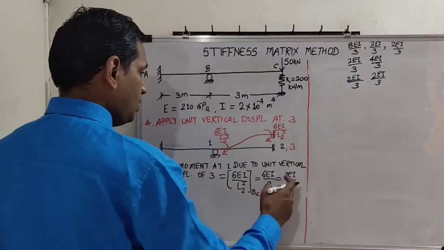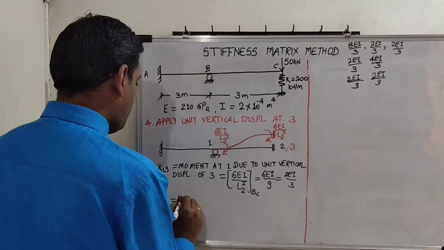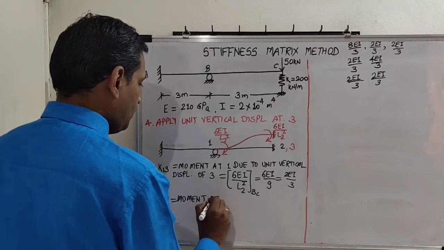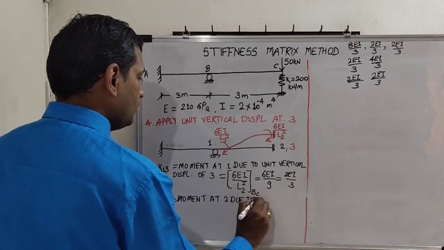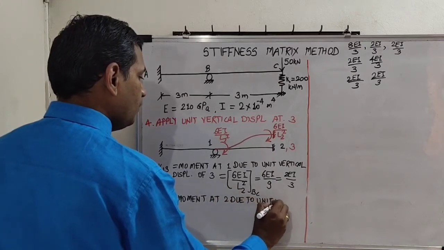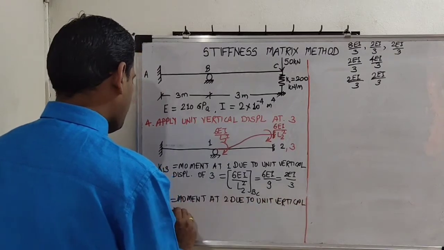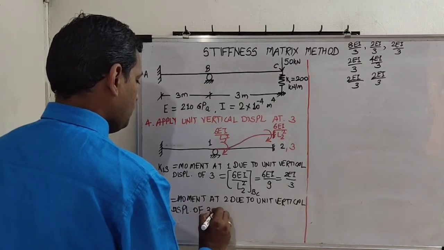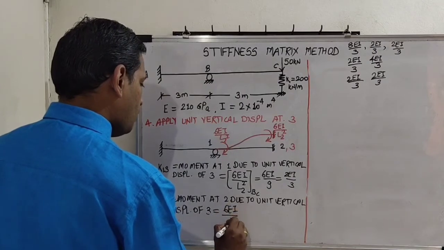Okay. K13. Then K23 is moment at 2 due to unit vertical displacement of 3. What is the value? Again same, 6EI upon L2 square.